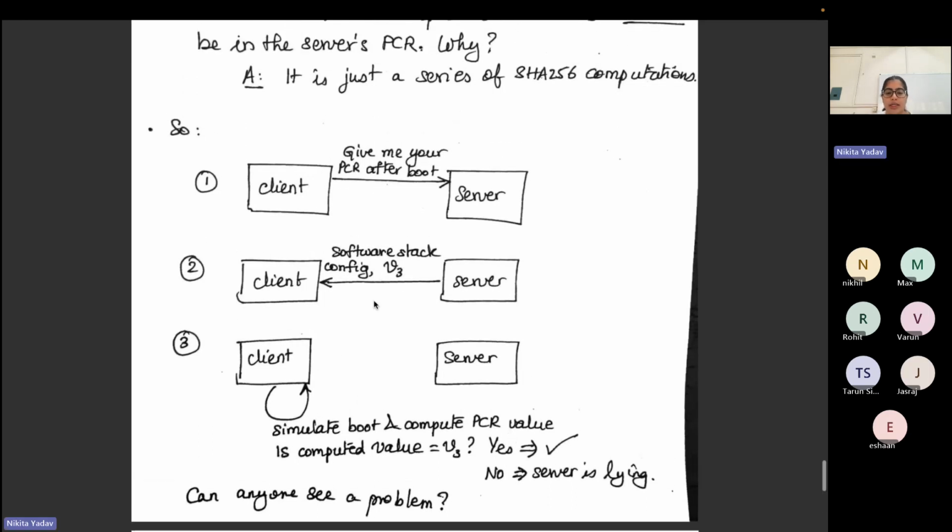So what can be a problem with this setup so far that we've discussed? Is it possible for the server to use a different software stack and still be able to give a proof v3?